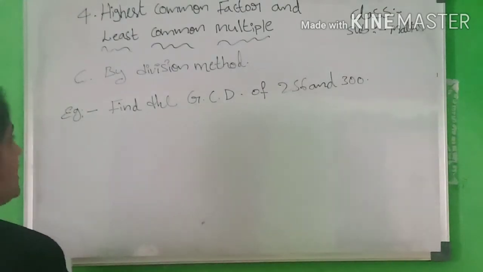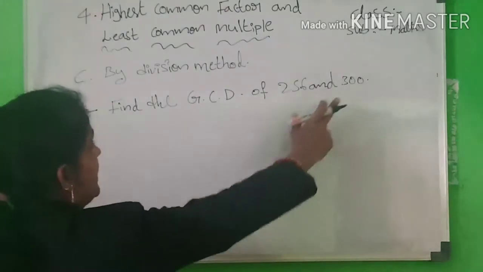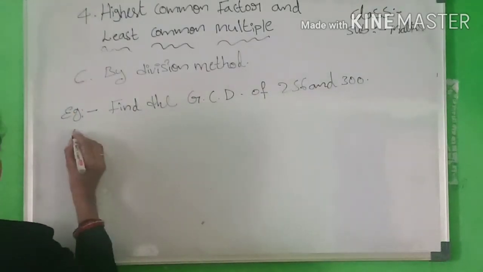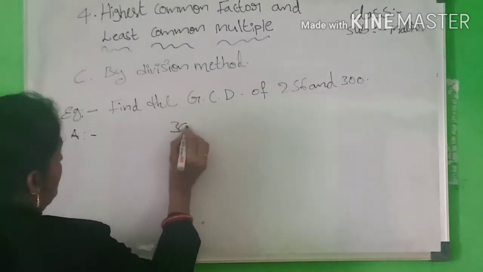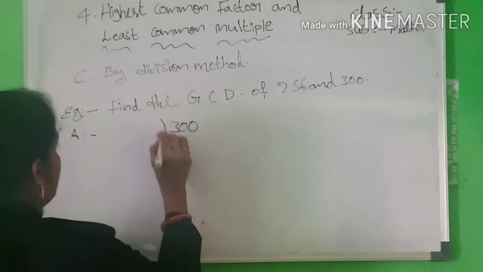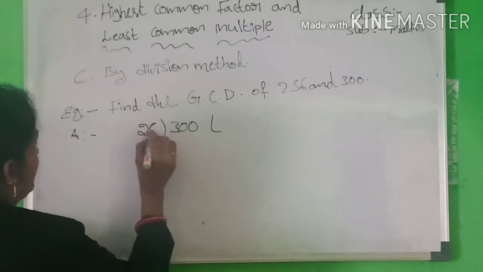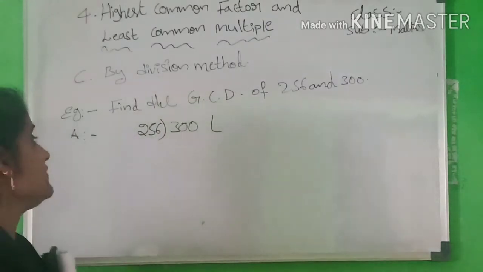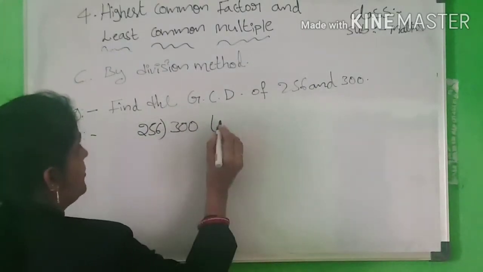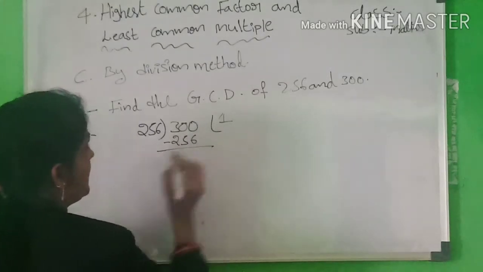You have to first of all divide the bigger number 300 by the smaller number 256. 256 will not go in 3, that's why we take 300 and write 256 below it.